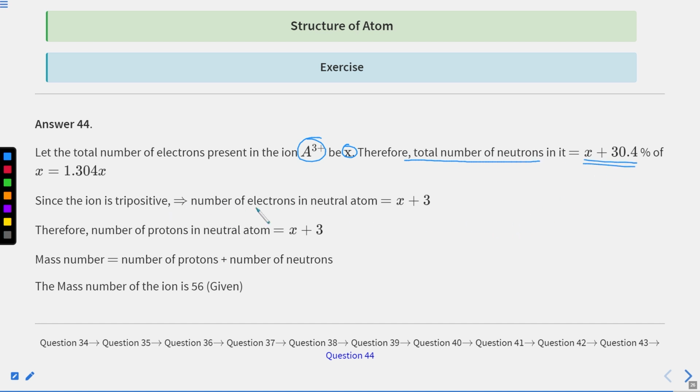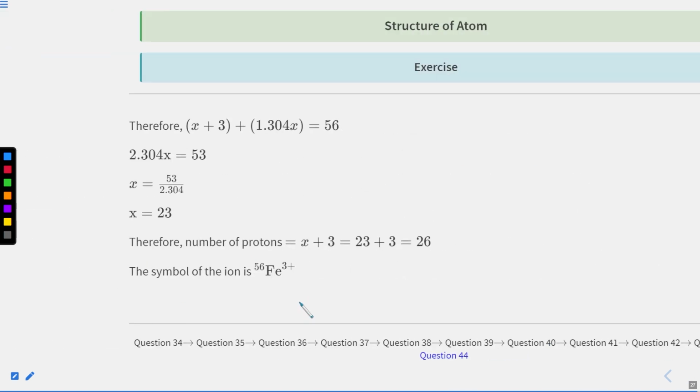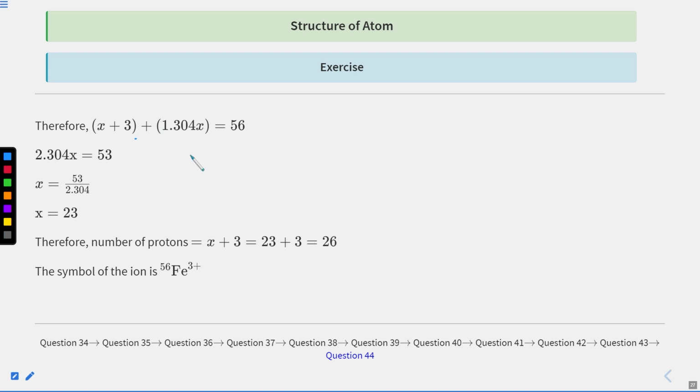Since the ion is tri-positive, the number of electrons in the neutral atom is this much, and this will be the number of protons. Now the mass number is equal to number of protons plus number of neutrons. That would give us x plus 3 plus 1.304x equals 56. Finally we will get it as 23.